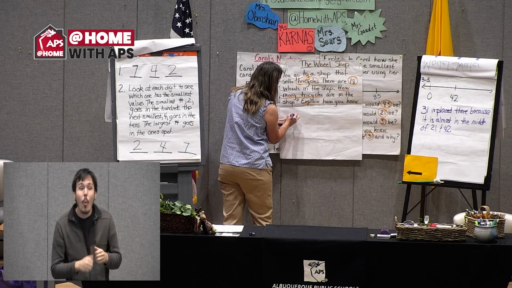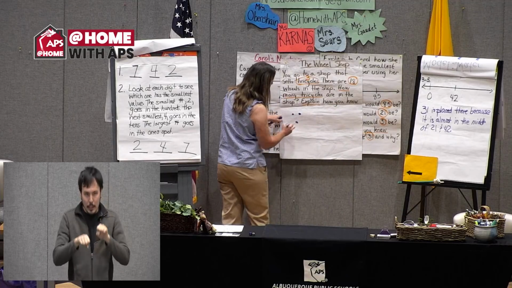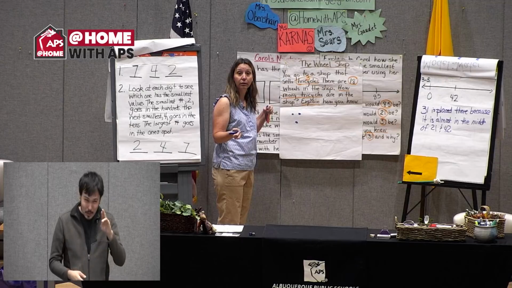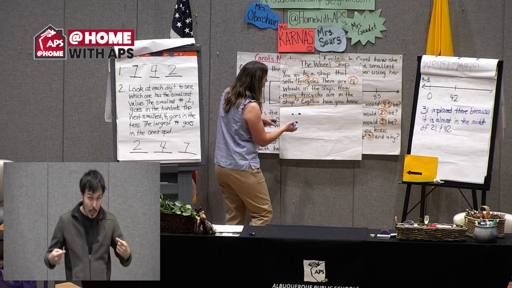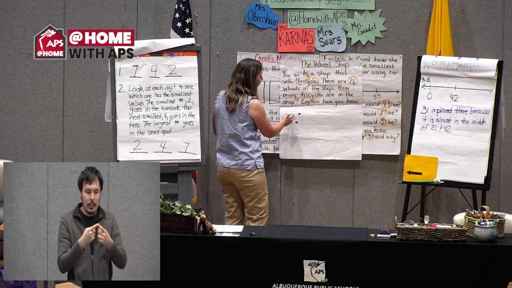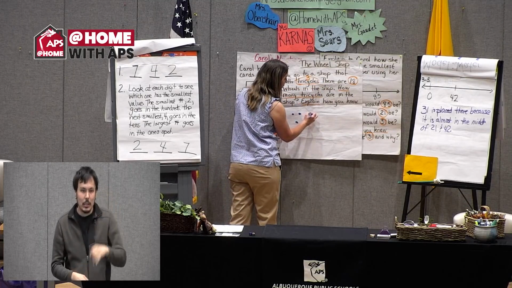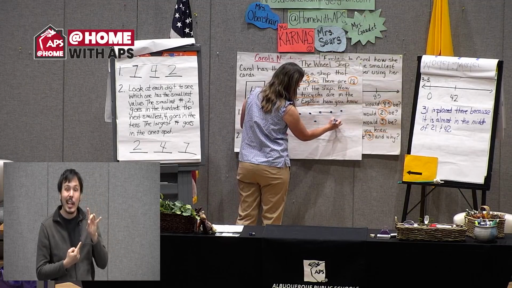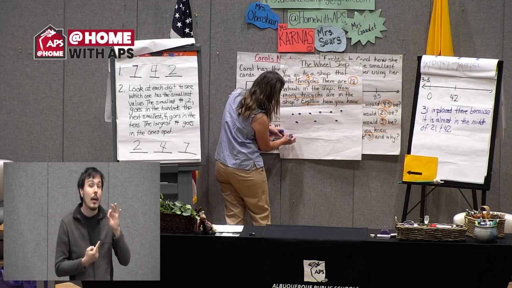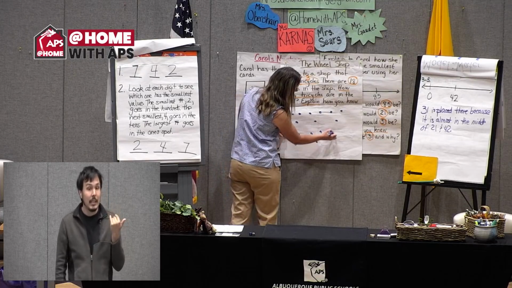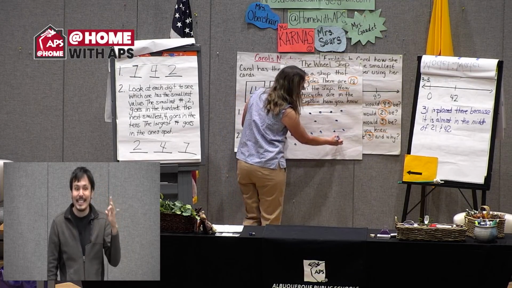I knew a tricycle has 3 wheels. How many tricycles is that? Just 1. So I'm going to just keep going until I've hit the 18 wheels. 1, 2, 3, 4, 5, 6, 7, 8, 9, 10, 11, 12, 13, 14, 15, 16, 17, 18.